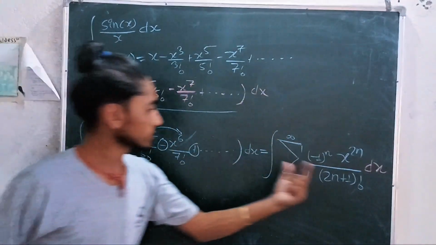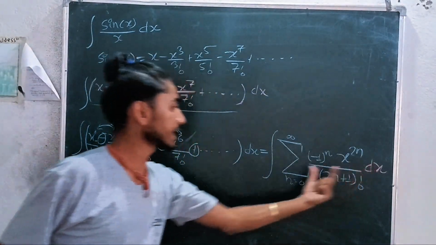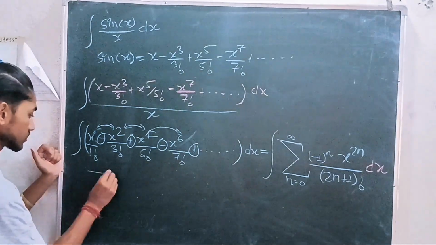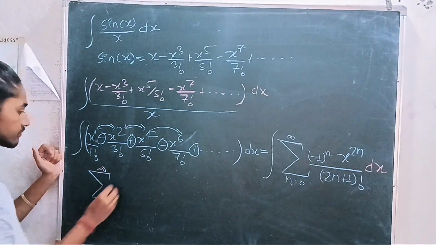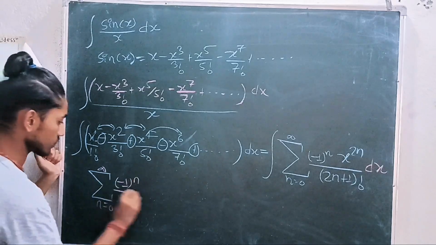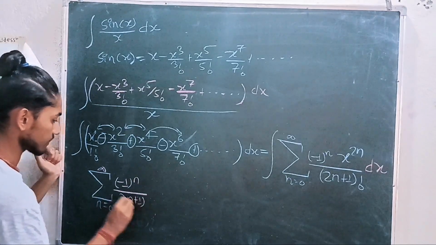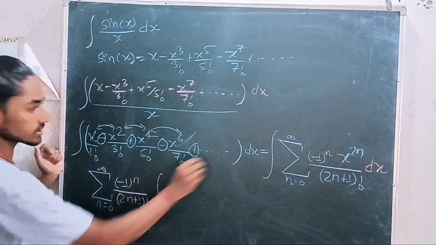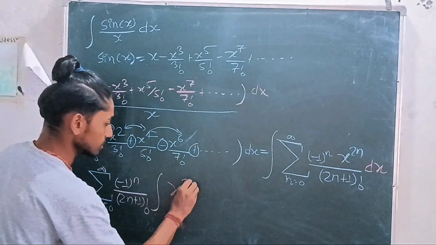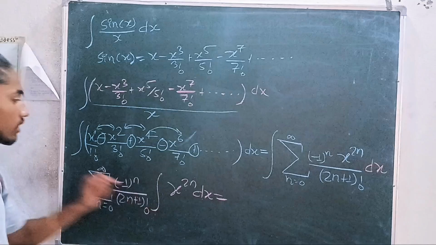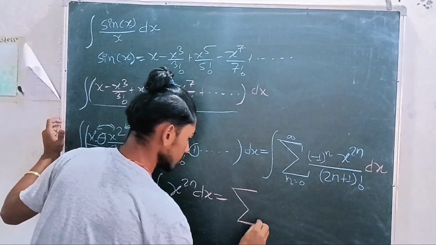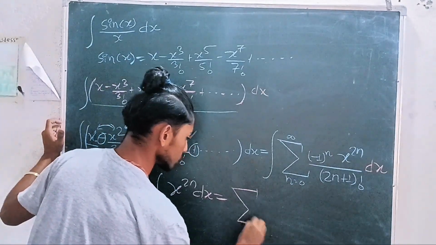Once you get this done, you can pull the summation out of the integral, and it goes from 0 to infinity, negative 1 raised to n over 2n plus 1 factorial, and you just get the integration of x raised to 2n with dx. So we all know that our final expression is going to look like this.